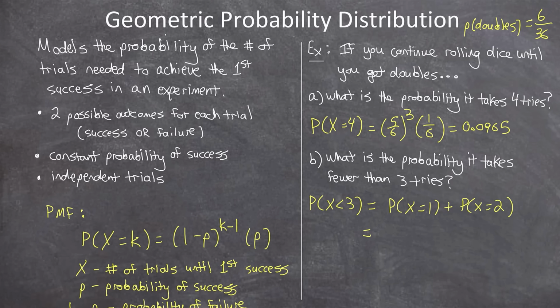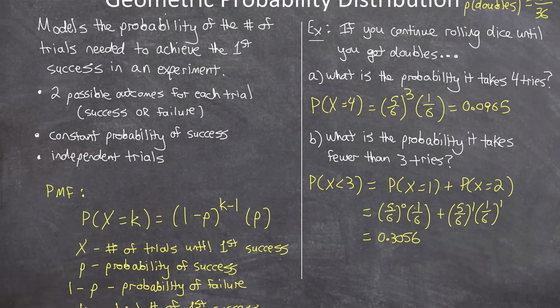And for the waiting time to be 1, that would mean that we would fail 0 times and succeed right away on the first try. And the probability the waiting time is 2, we'd have to fail on the first try and then succeed on our second try. And if we evaluate this, it's about 0.3056.